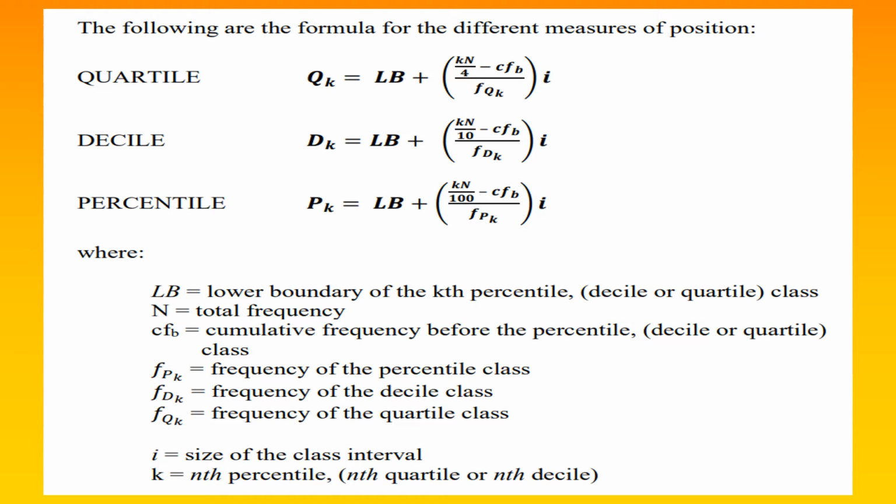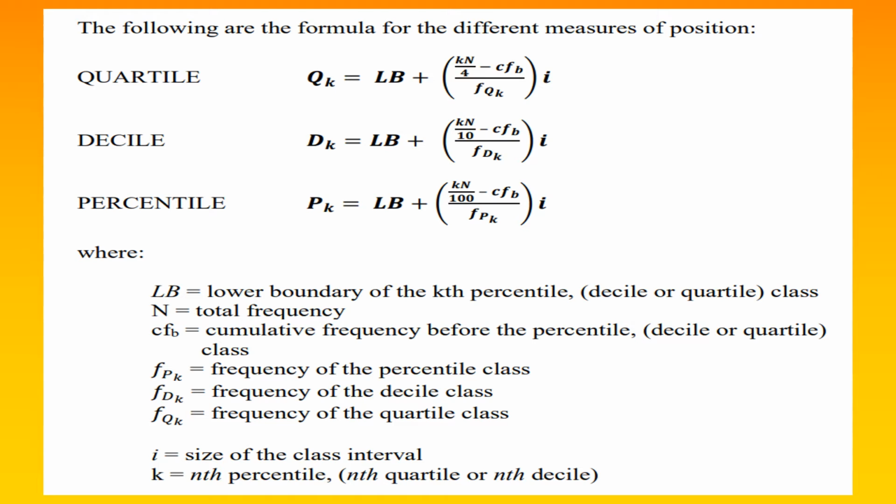F sub p sub k times I, where LB is equal to lower boundary of the kth percentile, decile, or quartile class. N is the total frequency. CF sub b is equal to cumulative frequency before the percentile, decile, or quartile class.